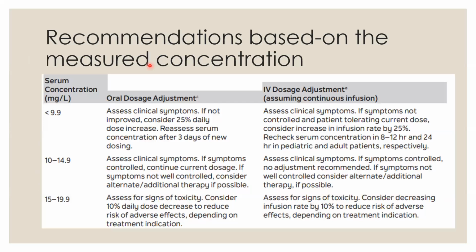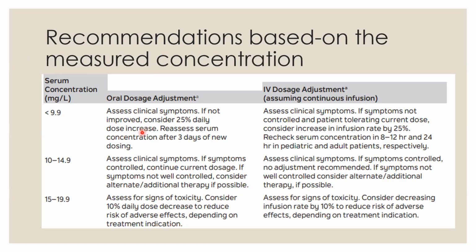Now for this one, I don't have to read all of it; you can read it by yourself. If, let's say, the serum concentration is below 9.9, it means it is below the therapeutic range. So you have to assess clinical outcome and symptoms. If not improved, consider a 25% daily dose increment.